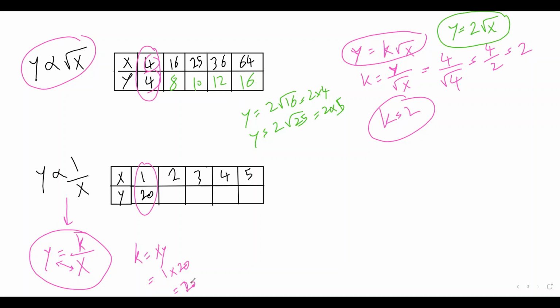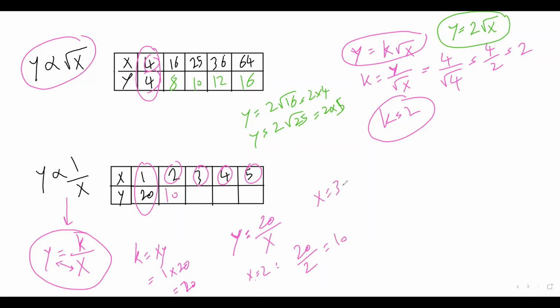So if k is 20, go back to this formula again and rewrite it this time with the value of k, which is 20. And now x is provided, we need to find y. Because y is already the subject of this equation, I don't need to rearrange this. Just substitute the value of x one by one. X is 2, 20 over 2 is 10, right? So this is 10.